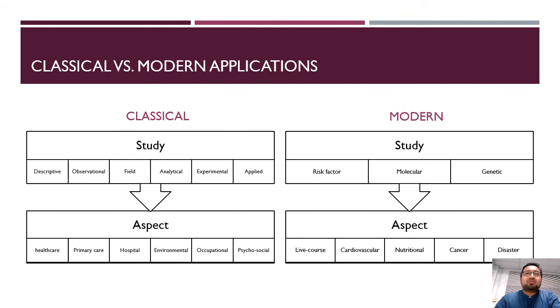However, modern epidemiology apa kita perasan sekarang adalah study dia lebih kepada risk factor, molecular and genetic, kan? Semua ni adalah kita nak tahu cause dia tu, kita dah terarah, fokus dekat risk factor dia, molecular dia and genetic. And kita tengok ada life cause, cardiovascular, nutritional, cancer, dan seterusnya.